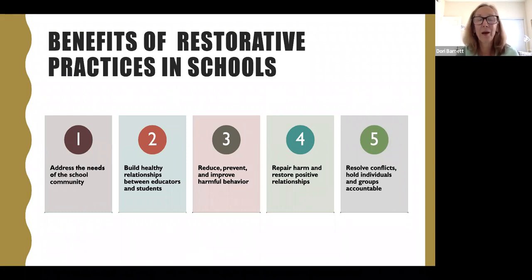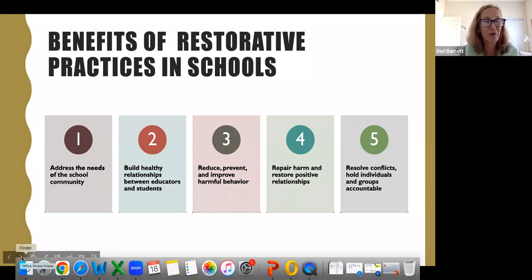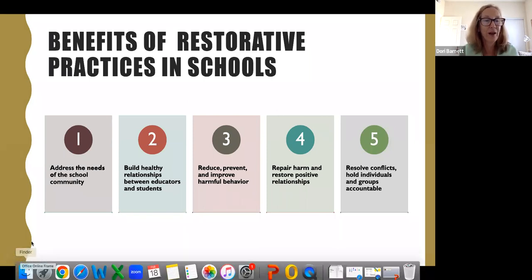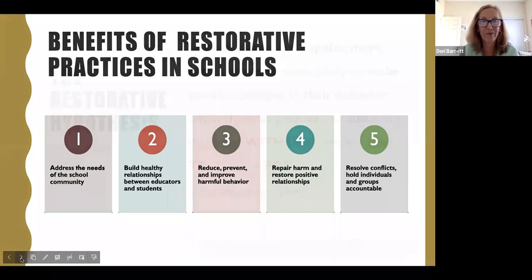At the county, I was trained through the International Institute of Restorative Practices in this approach, so that the counties were finding that if we could train teachers along with PBIS and along with social emotional learning in this approach, we could really make a dent in those exclusive discipline practices. So that is my training, and I'm currently a certified trainer of restorative practice with the International Institute of Restorative Practices. And that's the approach that we're going to be talking about in this session.